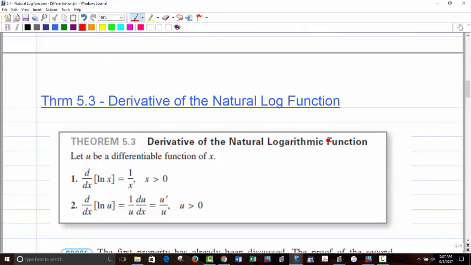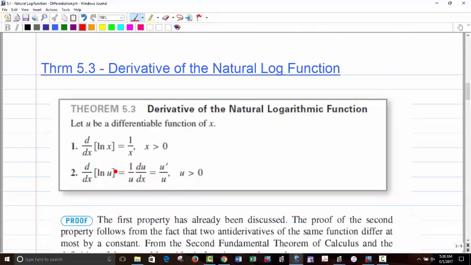So when it's x, it's just 1 over x. But when it's u as a function of x, it's 1 over u times the derivative of that u, which you can also write as u prime over u. So it's the derivative of the argument over the argument of the natural log. It's not too bad. So it's either 1 over x or u prime over u.